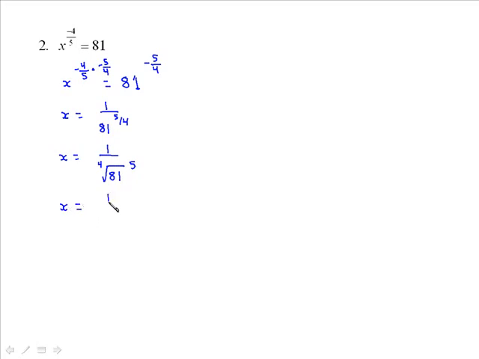The 4th root of 81 is 3, and then 3 to the 5 is 243. So that's our answer. Let's try another one.